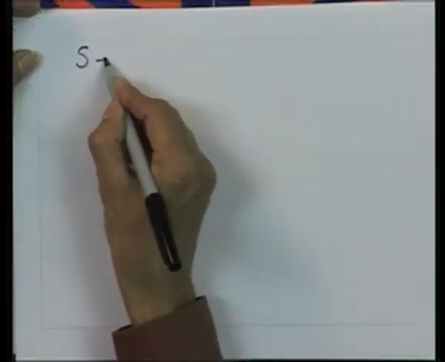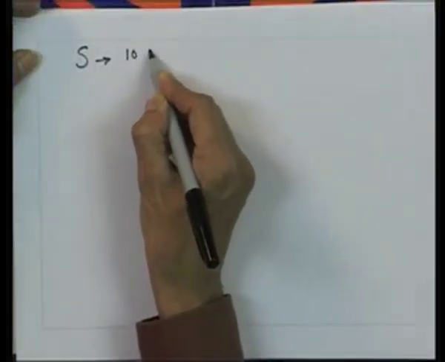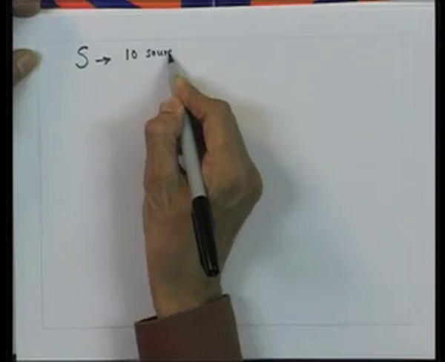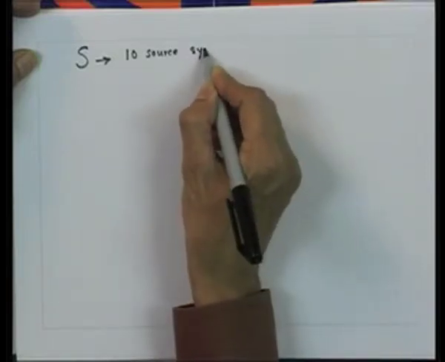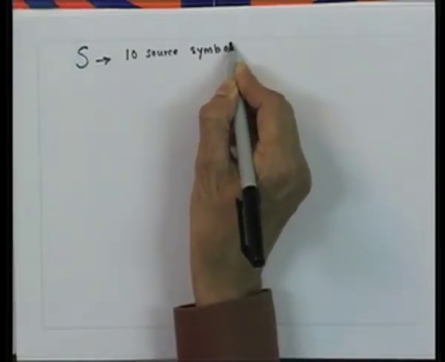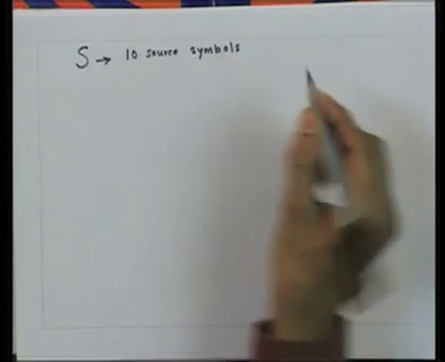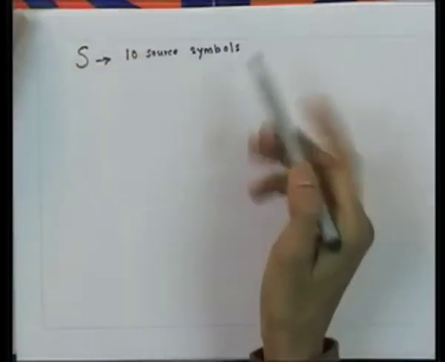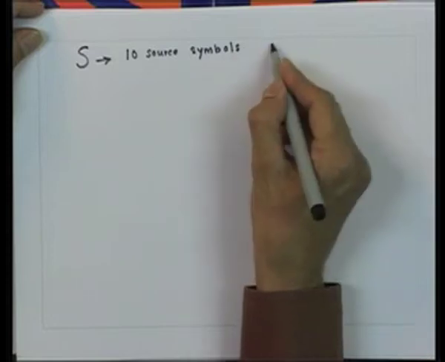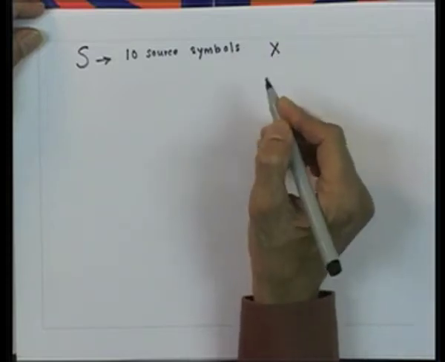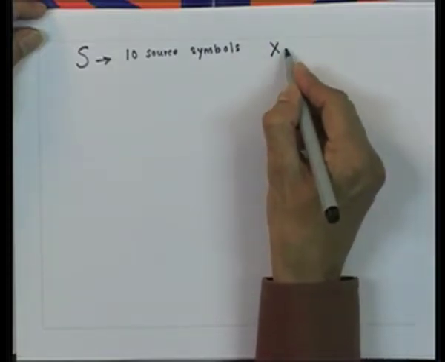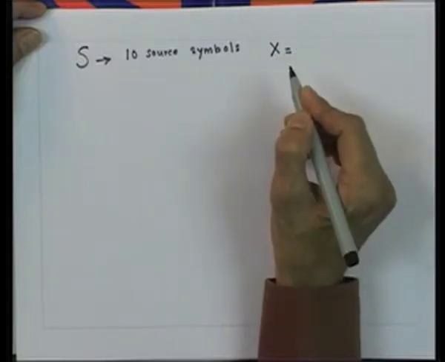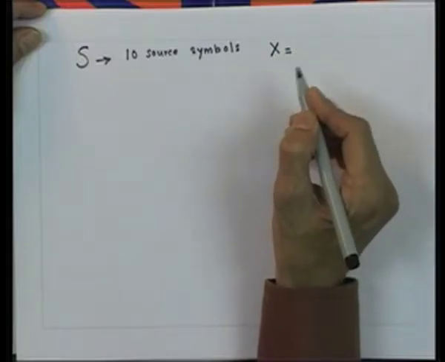So, let us assume that I have a source consisting of 10 source symbols, and let us assume that these source symbols have to be coded using a code alphabet which is trinary in nature.